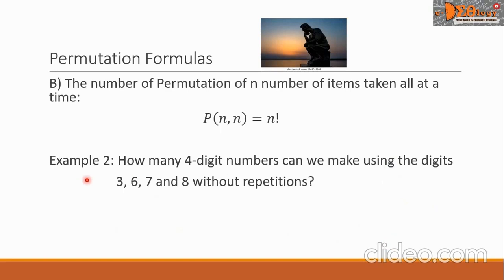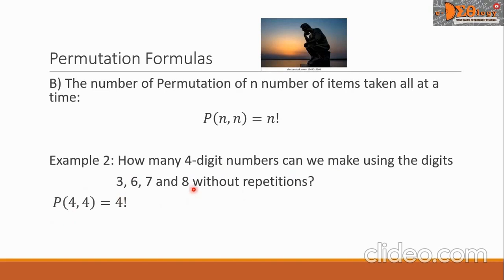Example 2. How many 4-digit numbers can we make using the digits 3, 6, 7, and 8 without repetitions? So we write P of 4, 4.